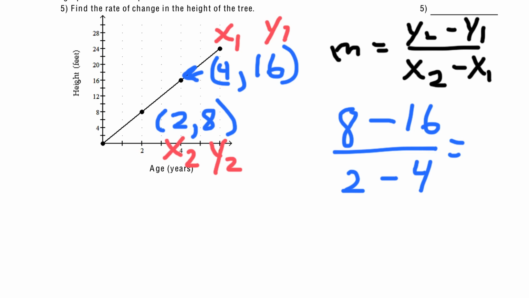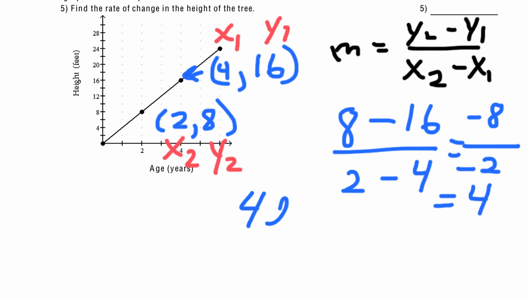Now notice my first points are larger than my second points, so I'm going to get negative numbers, but that's alright. 8 plus a negative 16 is a negative 8. 2 plus a negative 4 is a negative 2. And negative 8 divided by a negative 2 equals 4. Again, we get the same thing. We get 4 feet per year. And that's it.